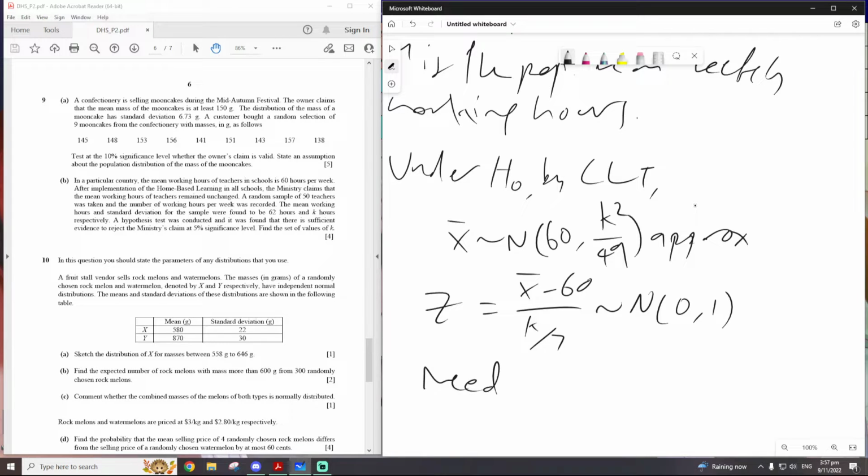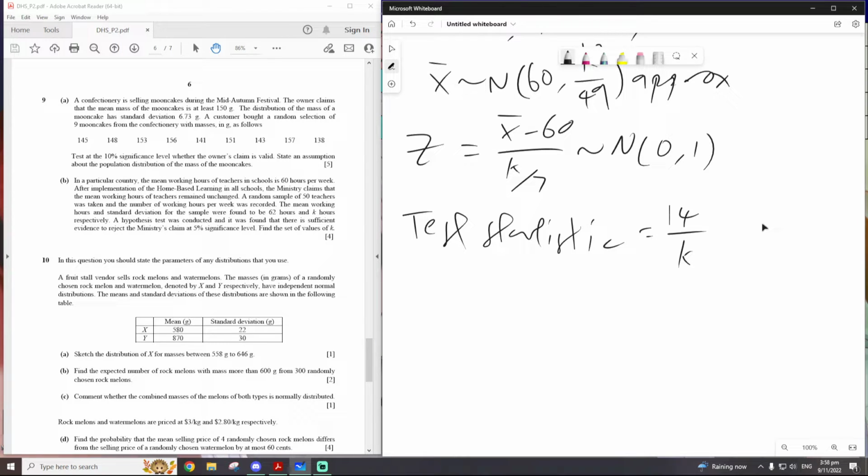So if you want to reject, now if you put 62 into the test statistic, you will get 14 over k, I believe. Because you are doing a 5% test, one tail test, your z value needs to be greater than 1.96. I think that's the 5% level.